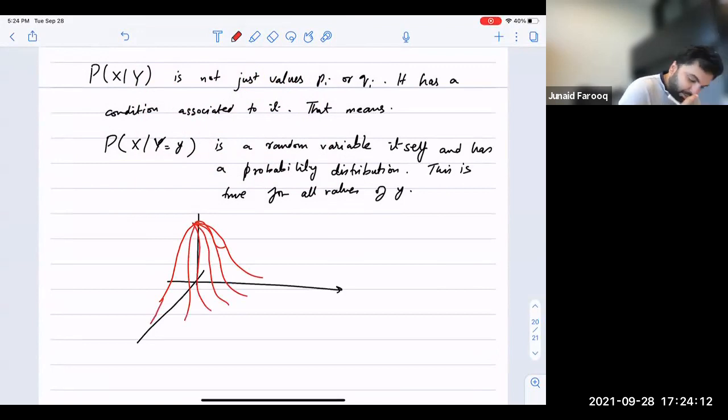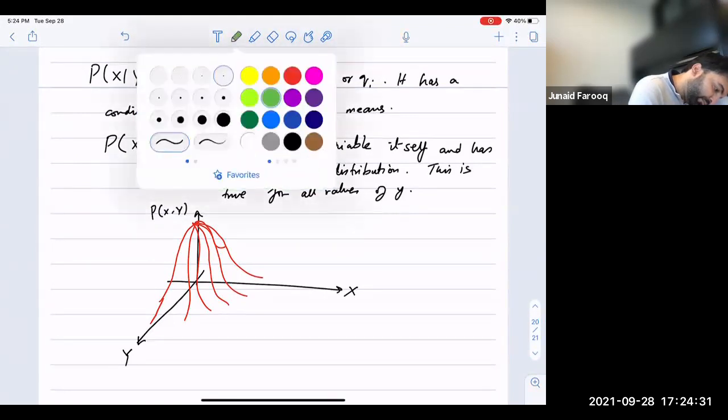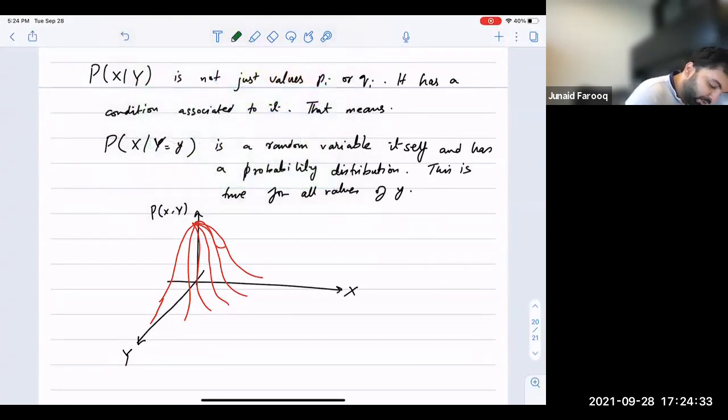So this is like a 2D density function, and this is the probability of x and y. This is x, this is y. So if you condition on y, basically you will get like a slice.